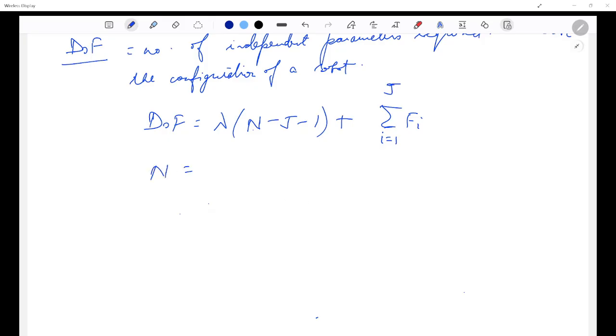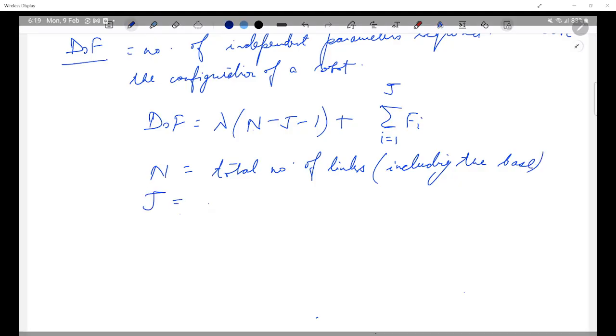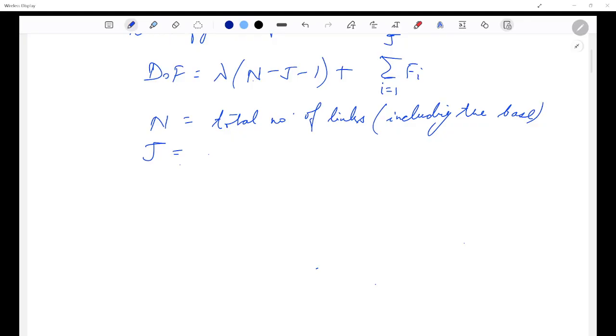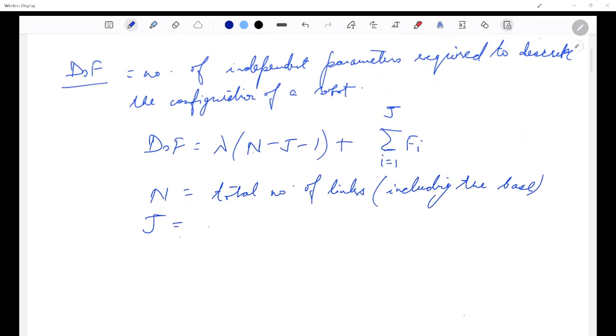N was the total number of links that we have in the robot, including the base. J is the number of joints.